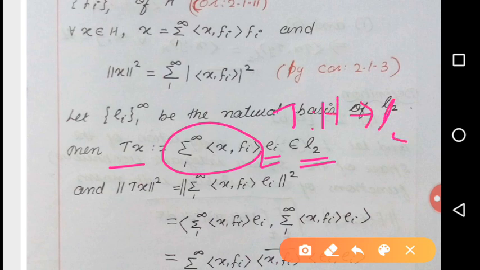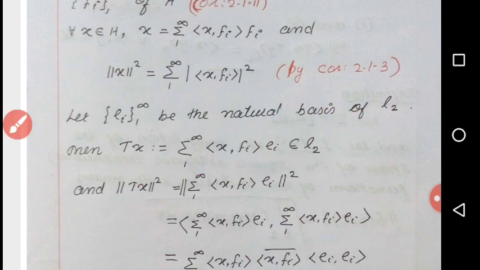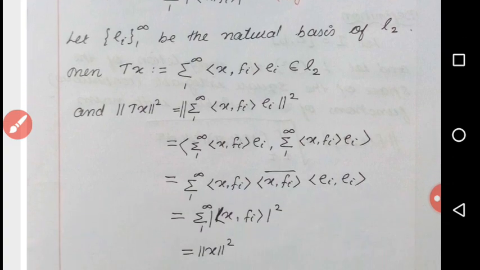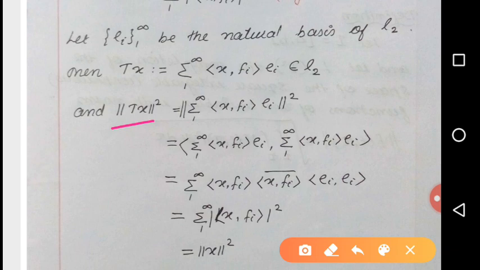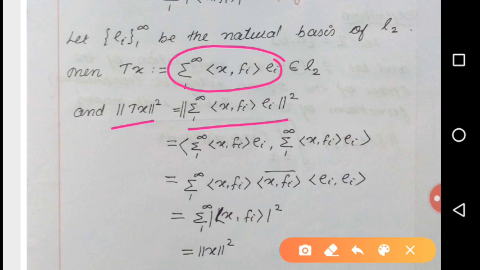Okay. Now we have to show that norm Tx is equal to norm x. So we start with norm Tx whole squared and replace the value of Tx here: norm of the sum from 1 to infinity of ⟨x, fi⟩ ei, whole squared, which is nothing but the inner product of the sum of ⟨x, fi⟩ ei with the sum of ⟨x, fi⟩ ei.